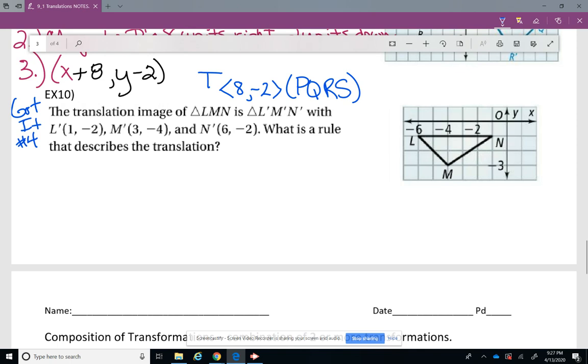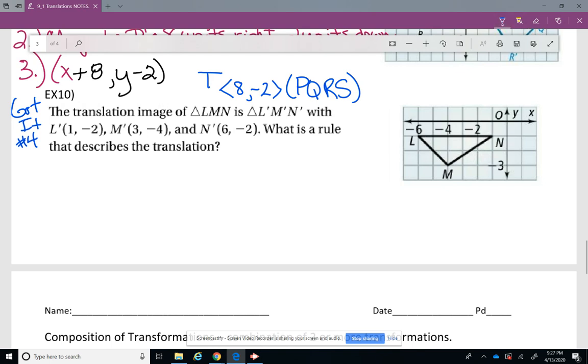All right, the translation image of triangle LMN is triangle L prime, M prime, N prime, with L prime being this, M prime being this, and N prime being this. What is a rule that describes the translation? So this is working a little bit backwards, kind of. They're telling you where to put them. All right, well, let's go put them there.